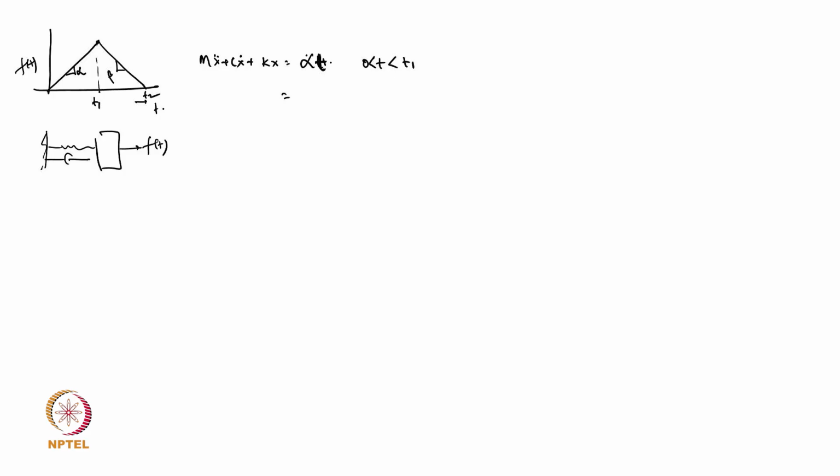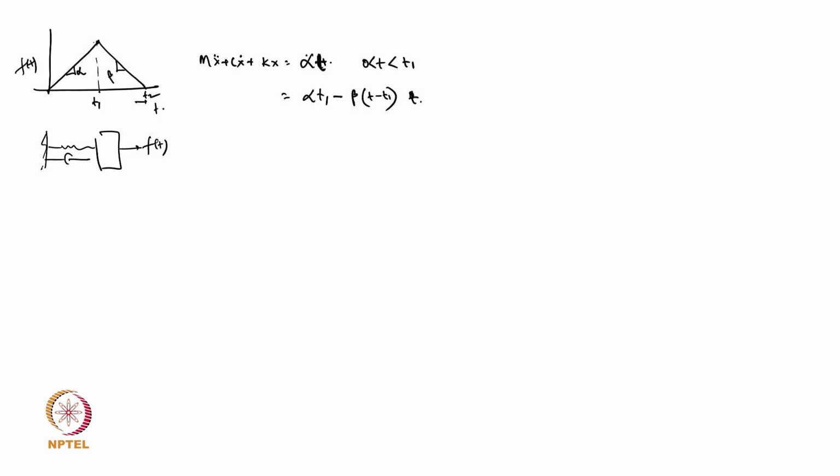Once it reaches t1, it has a particular force, alpha t1, minus, as it is now decreasing, beta times (t minus t1). That way we can get this.